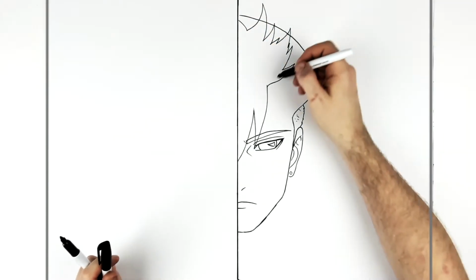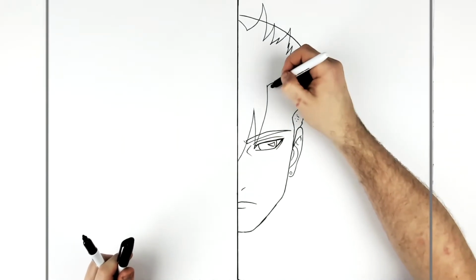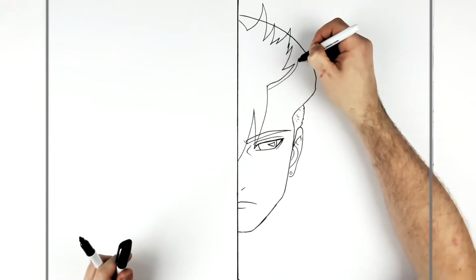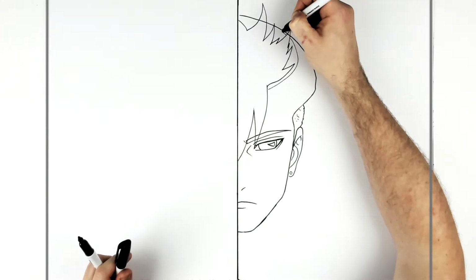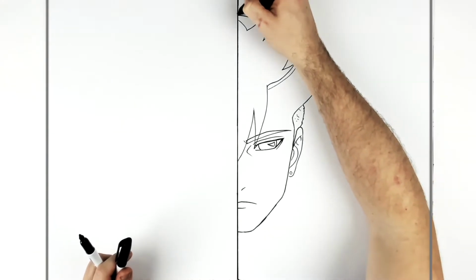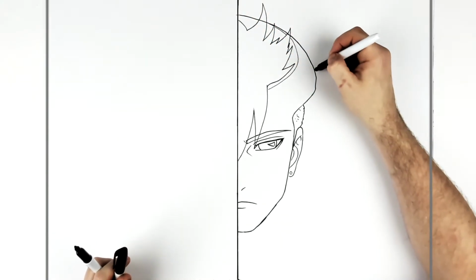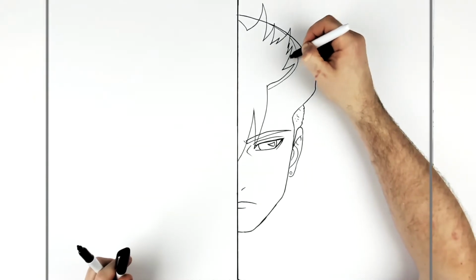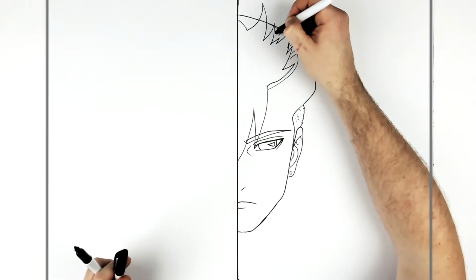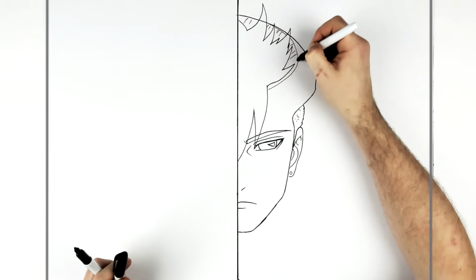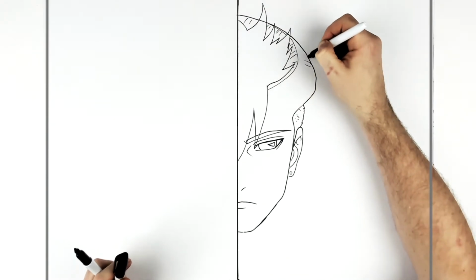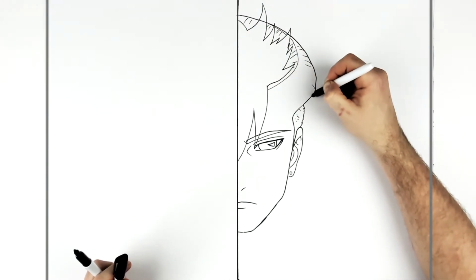Going that way. Right, so then we have the top of this horn just coming around there. And we'll have some texture lines on this, right? So like coming down the inside. Around here.